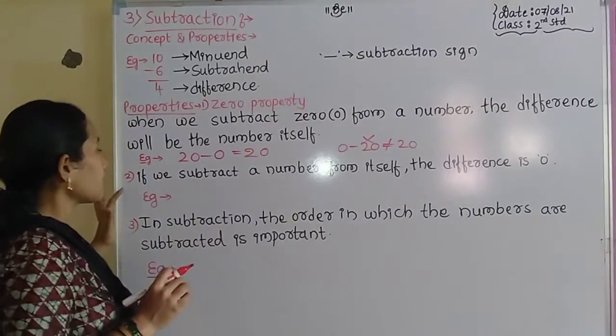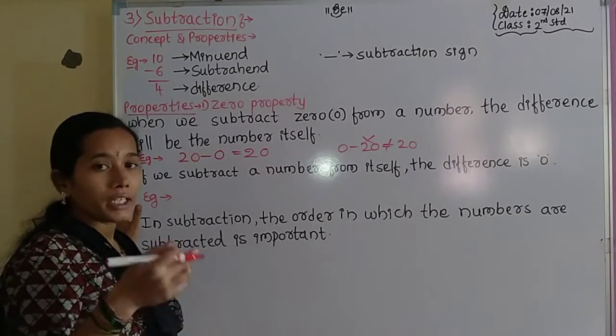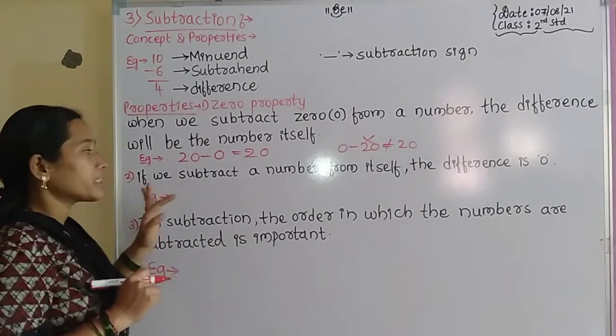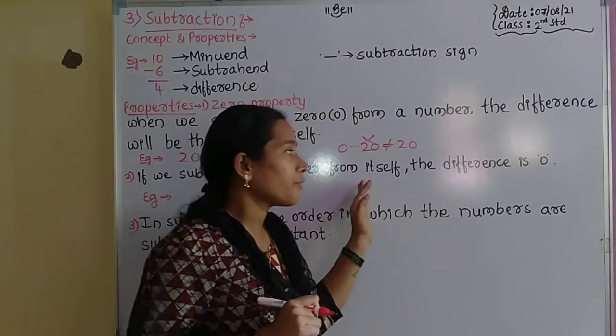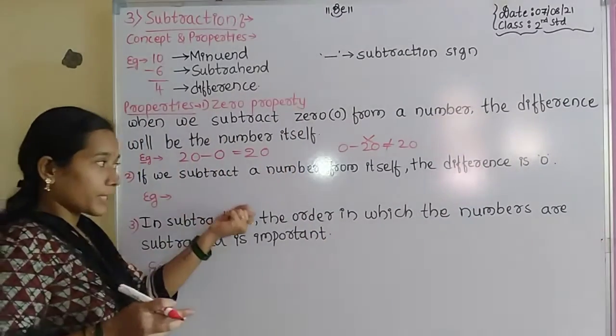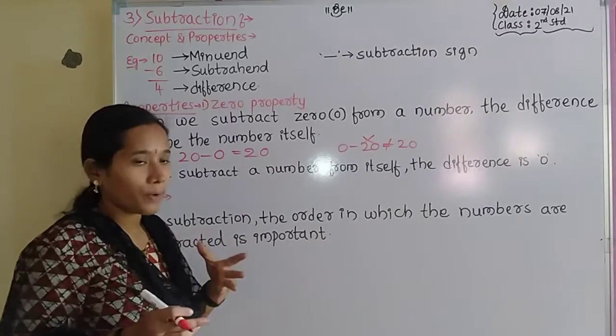The next one, second property. In addition the second property is the order property. But here, if we subtract a number from itself, the difference is 0. According to that statement we have to write an example.